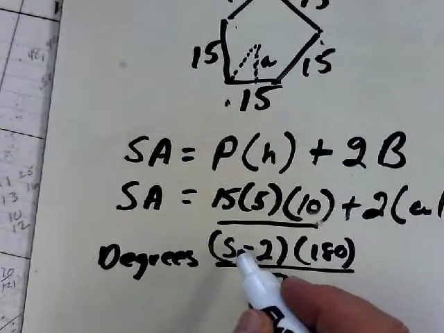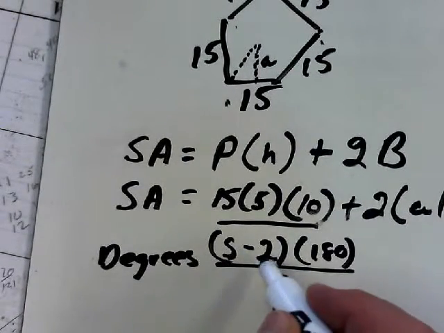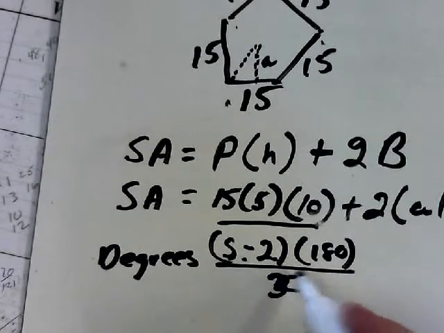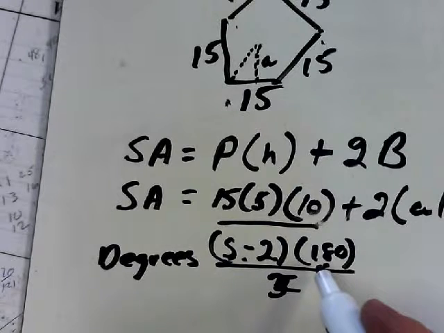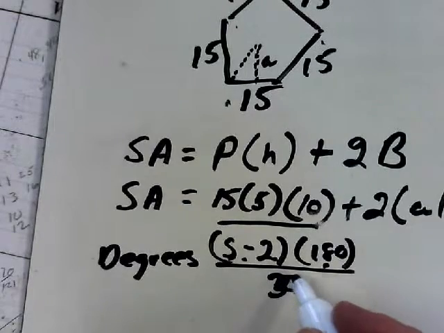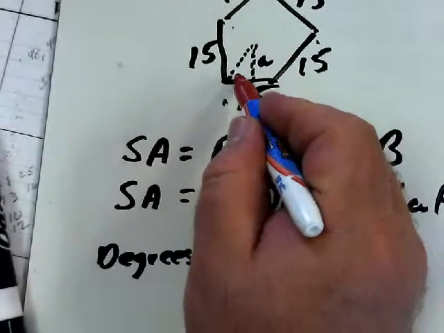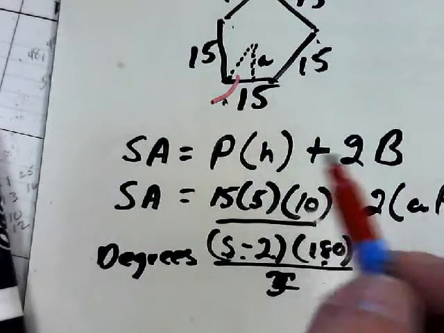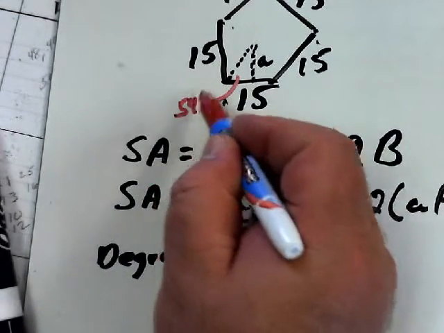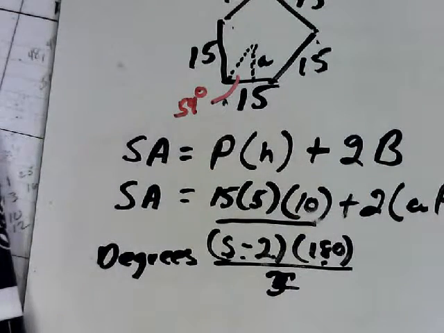So, number of sides is 5, 5 minus 2 is 3. 3 times 180 is 540. Divided by 5 is 108. So what's going to be this degree measure right here? It'd be 54 degrees, wouldn't it?